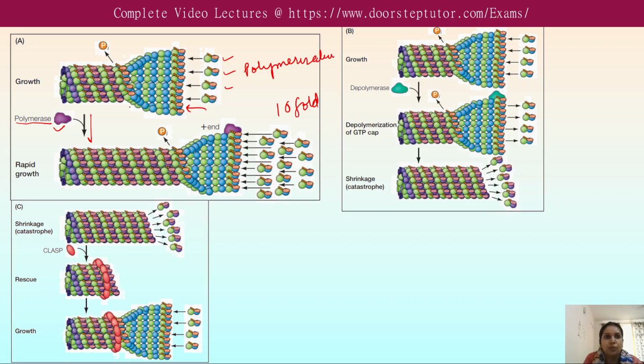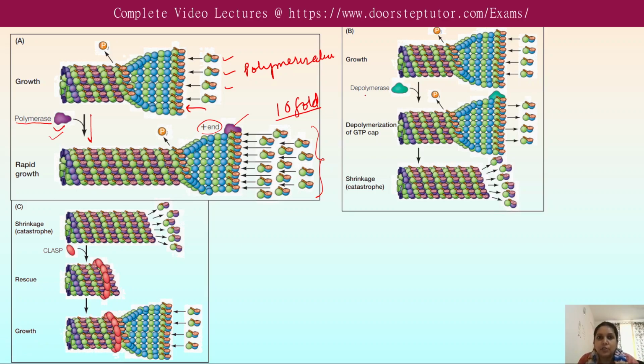After the addition of the polymerase, tenfold more dimers are added to the microtubule for rapid growth. Here the polymerase is attached to the positive end, and the growth of the microtubule increases many-fold.